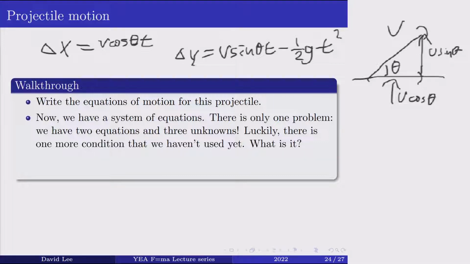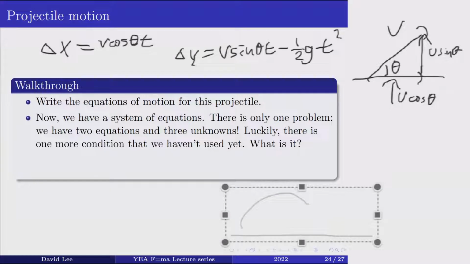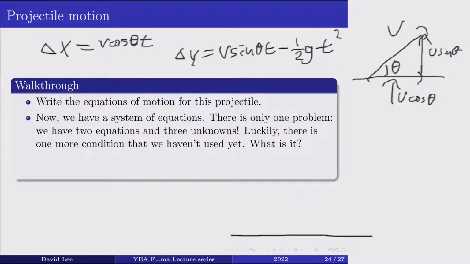Yes, and as a bit more of a hint, if we look at the trajectory of our projectile, let me move this up here. If this is the trajectory of our projectile, what's so special about this point here?